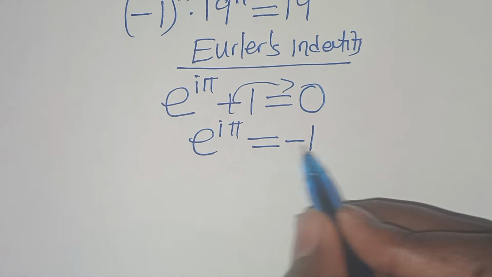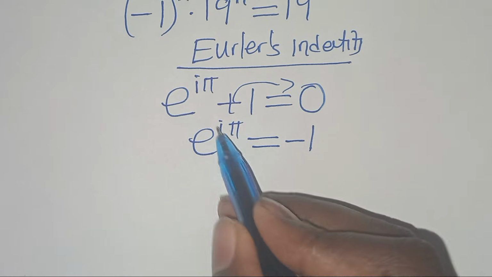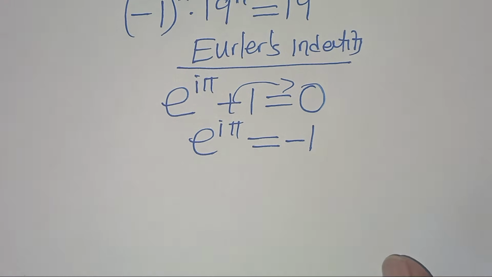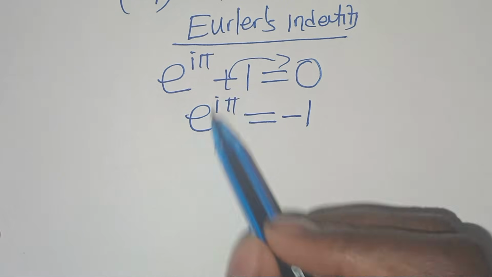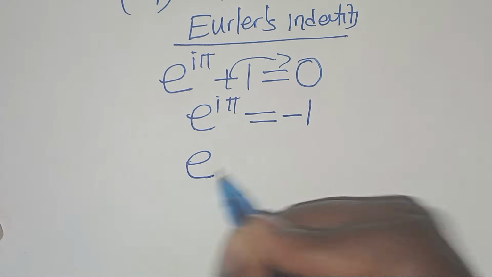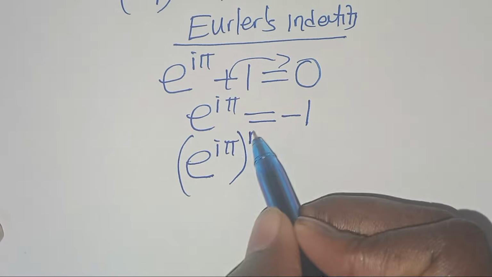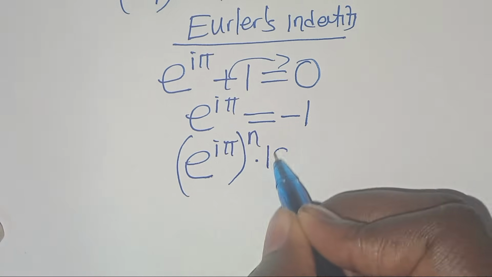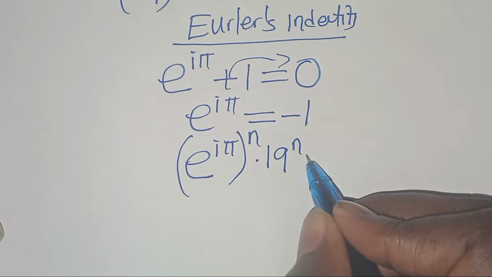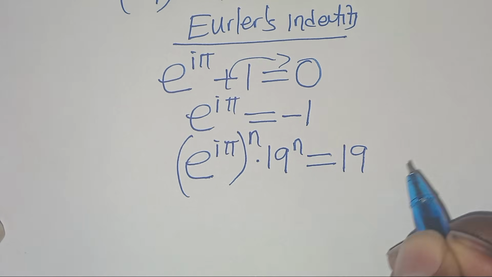Let's substitute -1 with e to the power of i pi, so that now here we have (e to the power of i pi) raised to the power of n multiplied by 19 to the power of n, equal to 19.